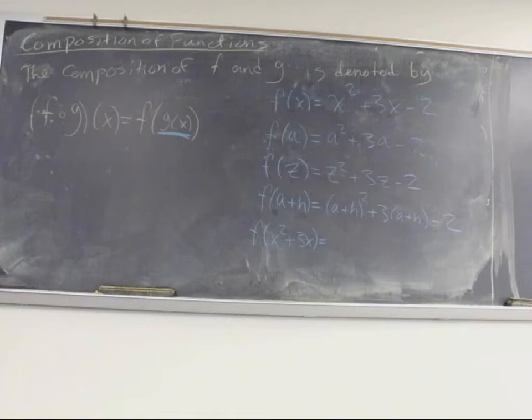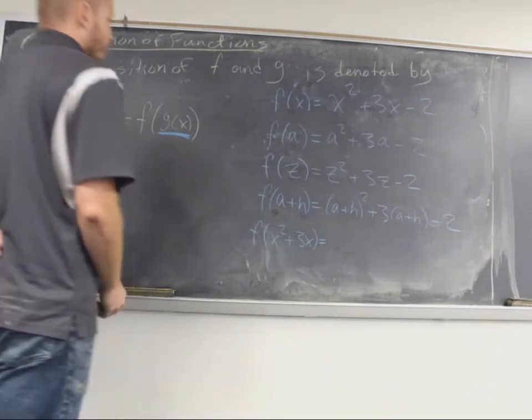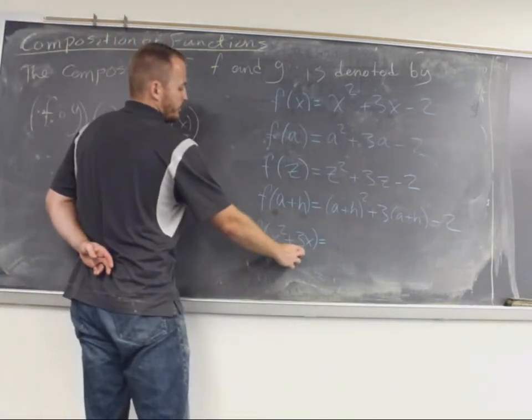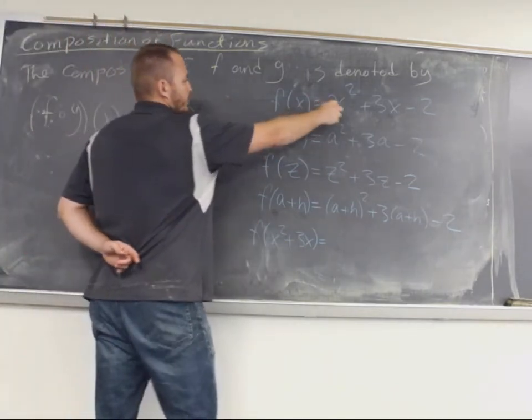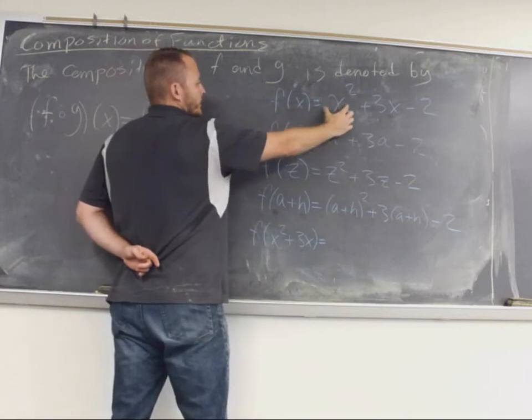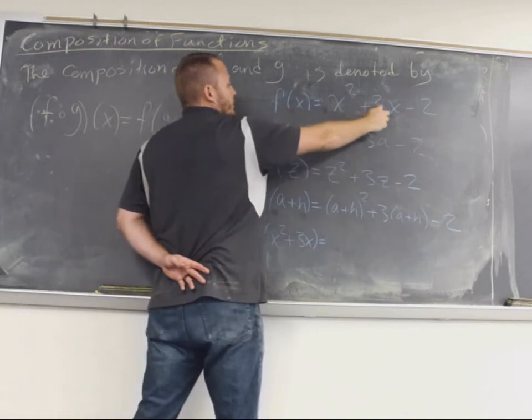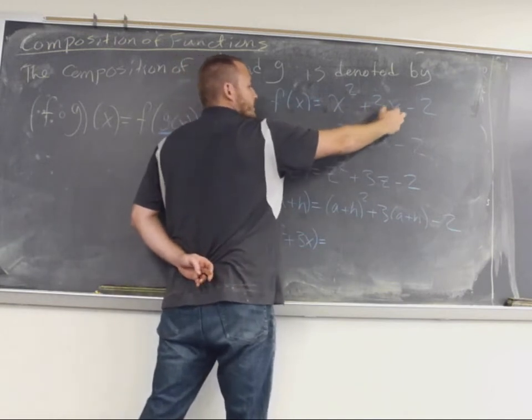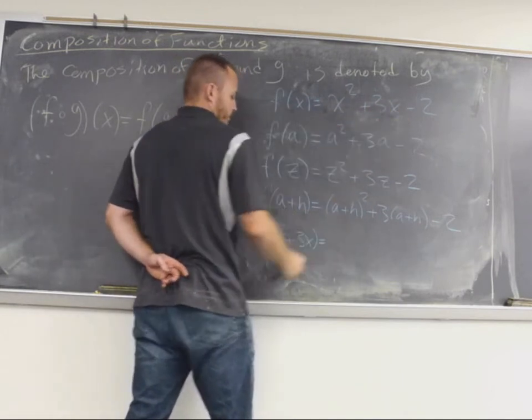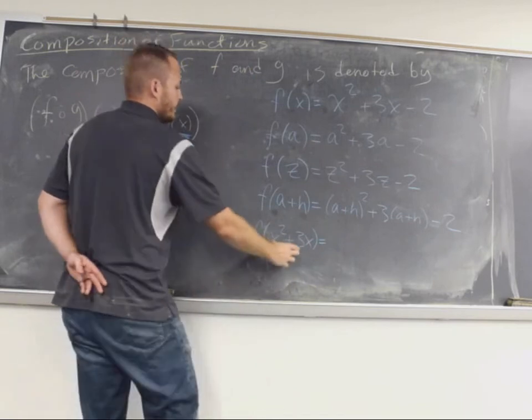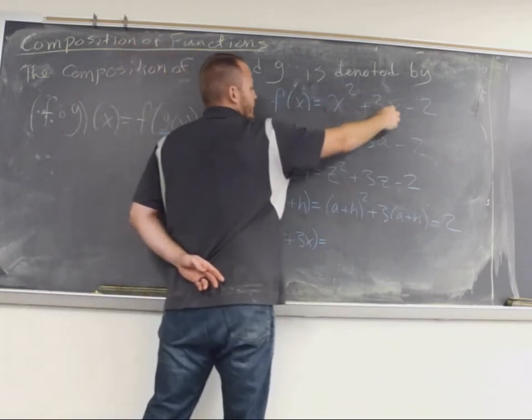That's telling me I'm using the f function and plugging in x squared plus 3x everywhere there's an x. So this x squared plus 3x is replacing all these x's now.